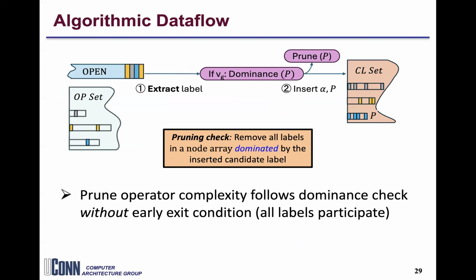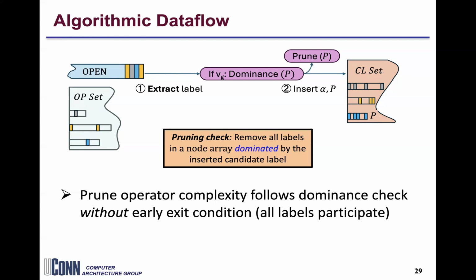Now, these algorithms don't just do dominance checks. They realize that you are expanding these labels at a rapid rate. So they heavily prune labels that can be pruned. If you found a candidate label, we can insert it in the closed set. Can we prune other labels in the solution set as a result of me introducing this new Pareto optimal label into the closed set?